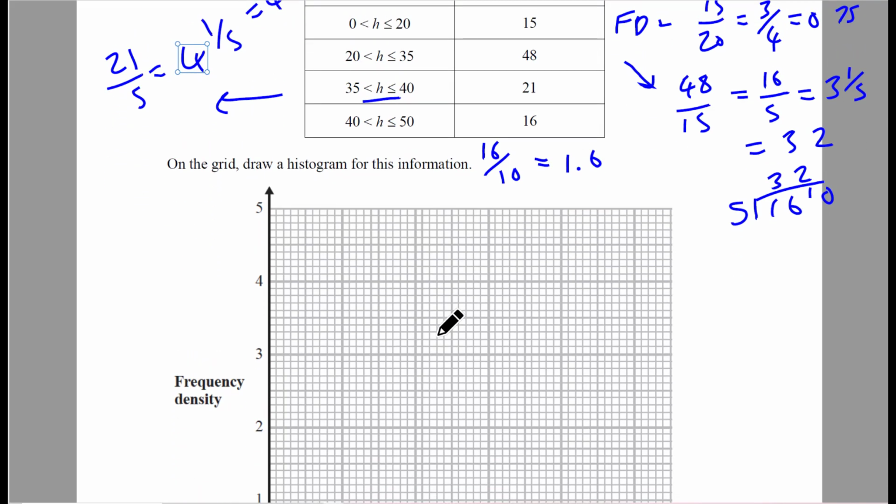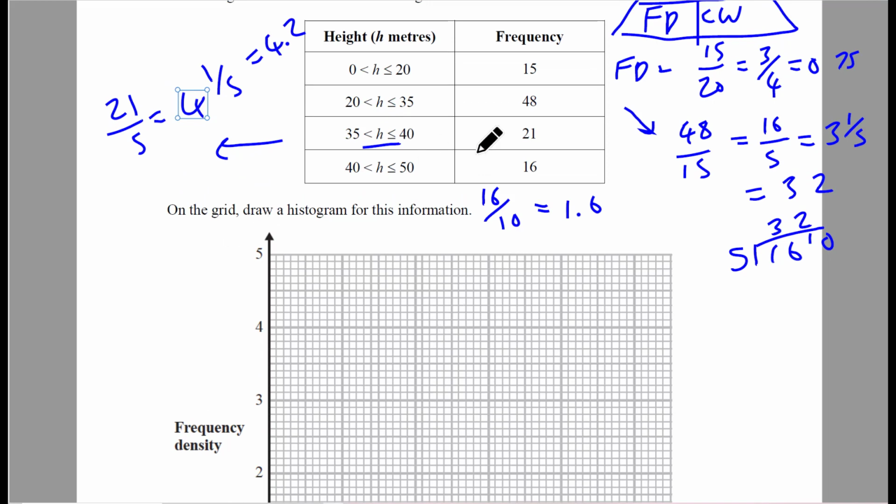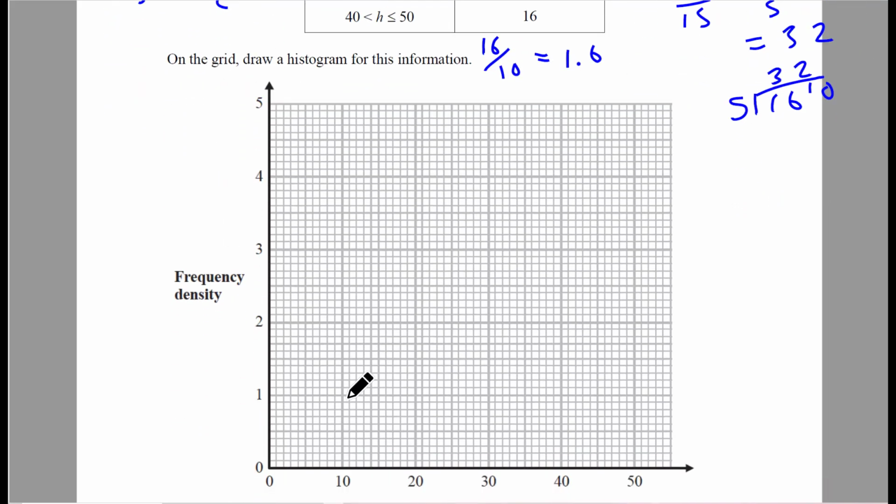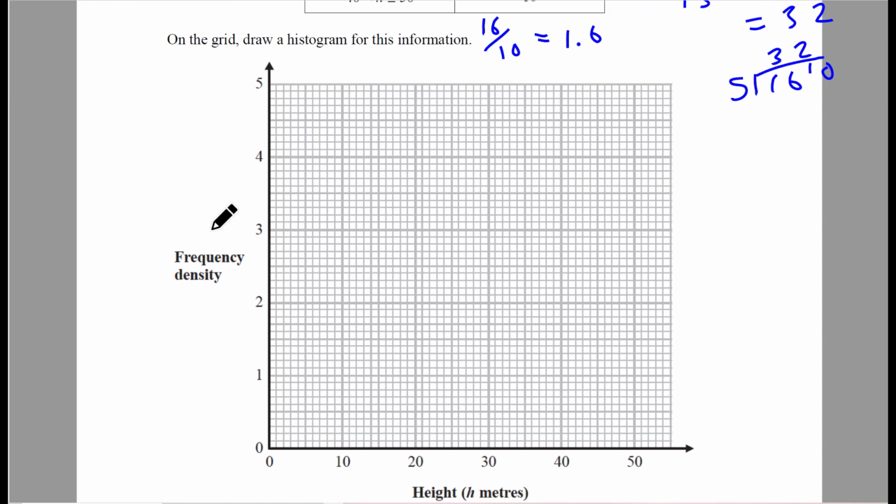So from 0 to 20 we want 0.75. So that's here. Do use a ruler.